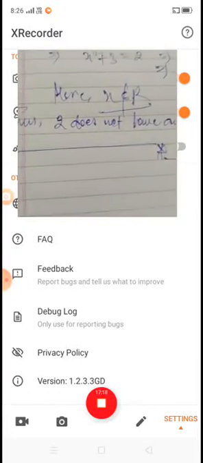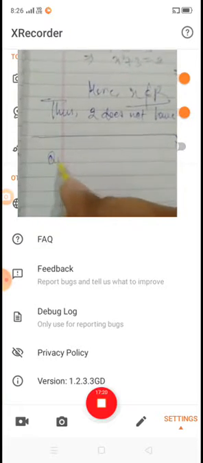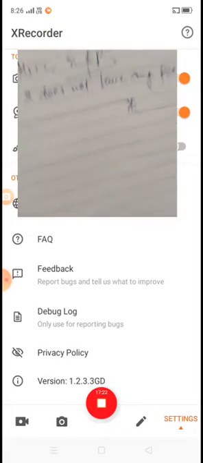Let's see the next question of your NCERT exercise.